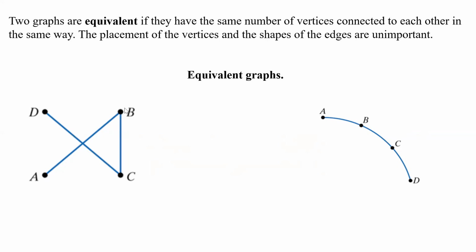A is connected to B, B is connected to C, and C is connected to D, in both. Now, they don't look anywhere near the same, but because they have the same number of vertices and are connected in the same way, they are actually equivalent graphs.